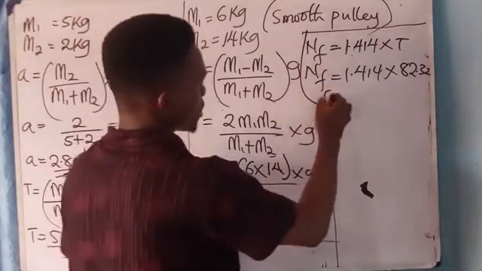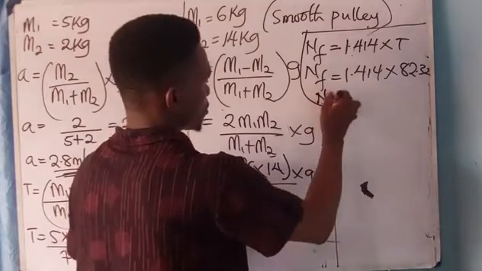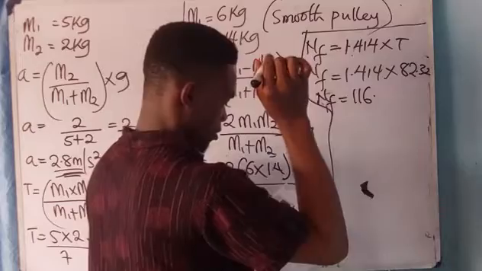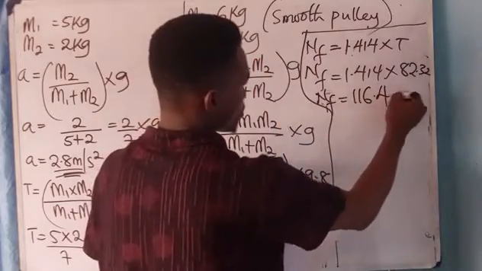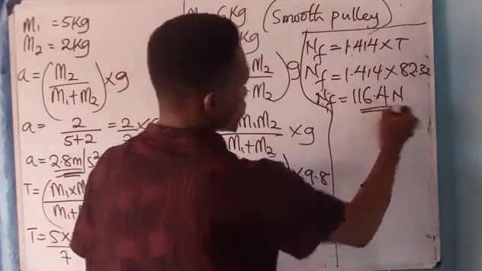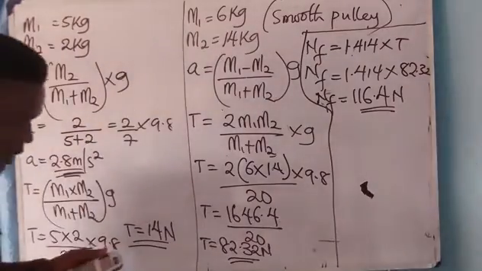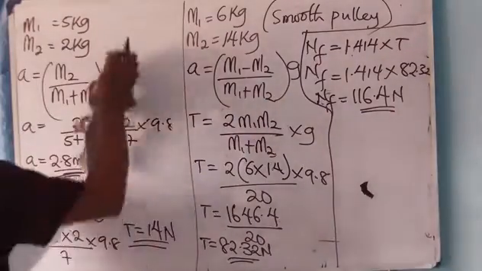So the net force now equals 116.4 approximately, Newton. So this is the net force and this is the tension. Just take it step by step.